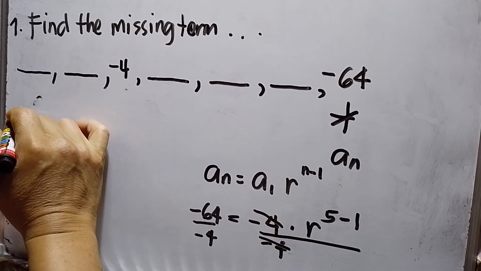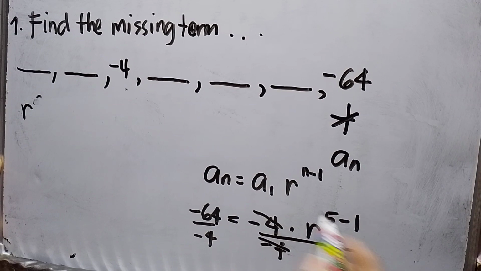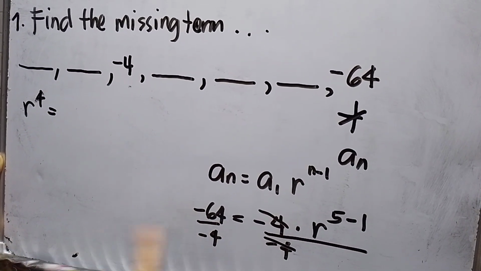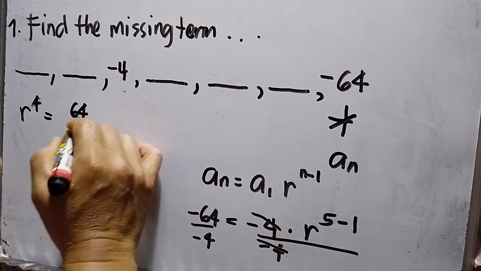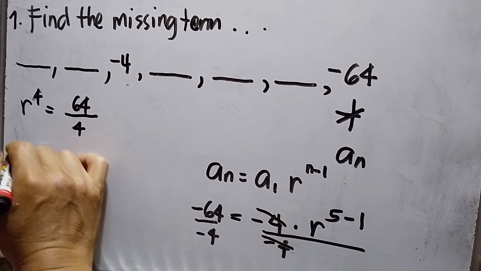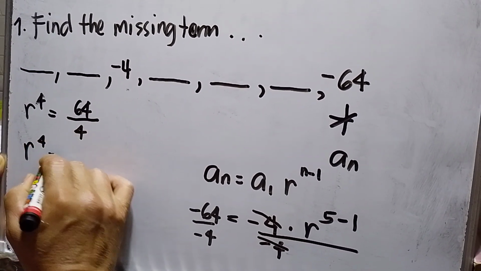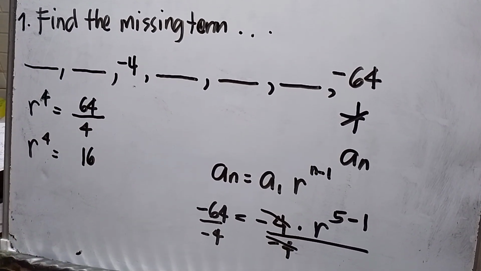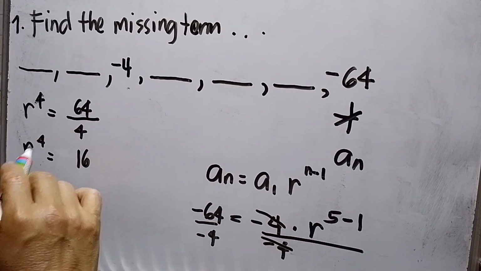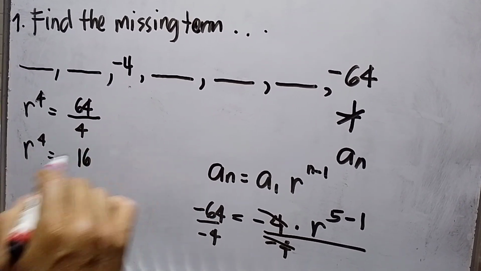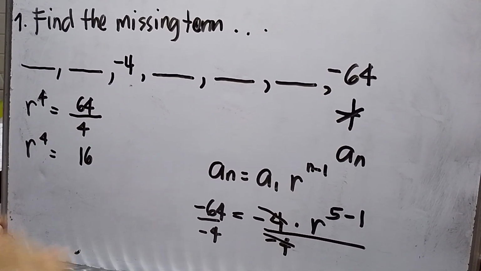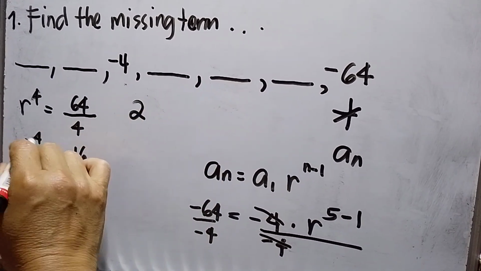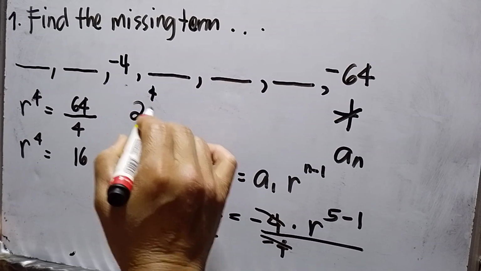So this will be r, 5 minus 1 is 4, is equal to negative divided by negative is positive. I have here 64 divided by 4. So r to the 4th is equal to, what is 64 divided by 4? That is 16. Now think of a number that raised to the power of 4 gives 16. Let's say 2 raised to the power of 4.